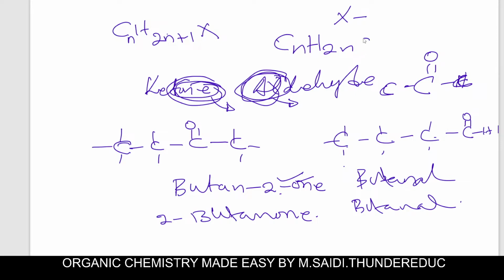So therefore, I put the O. That is the general formula for aldehydes and ketones. Simple. Guys, I told you that you don't need to cram too much for these things. You just have to understand the concept. That's all. You get the marks.